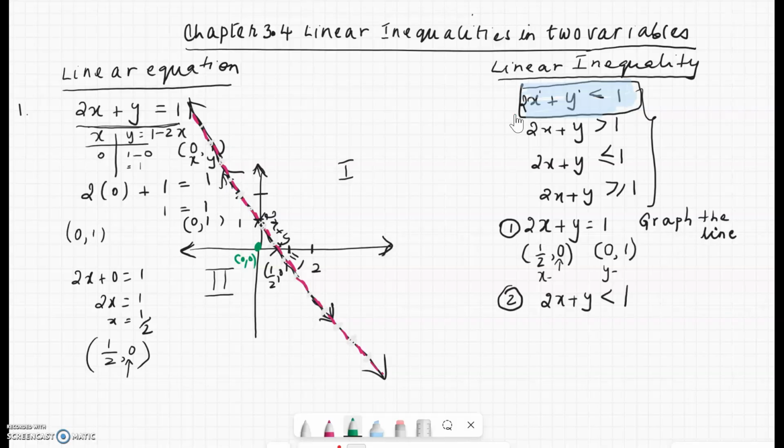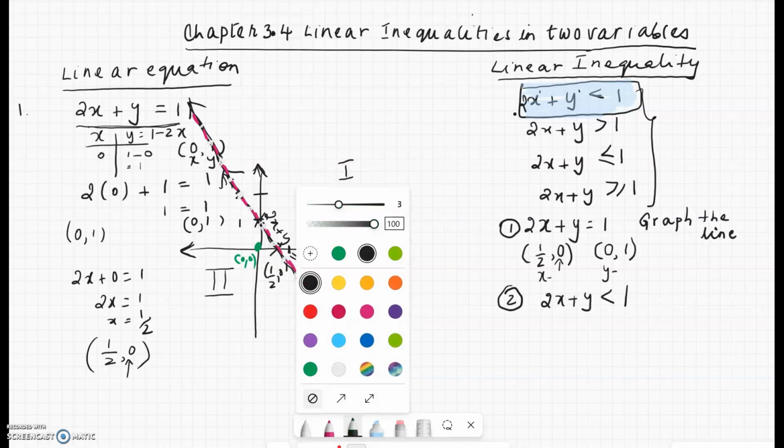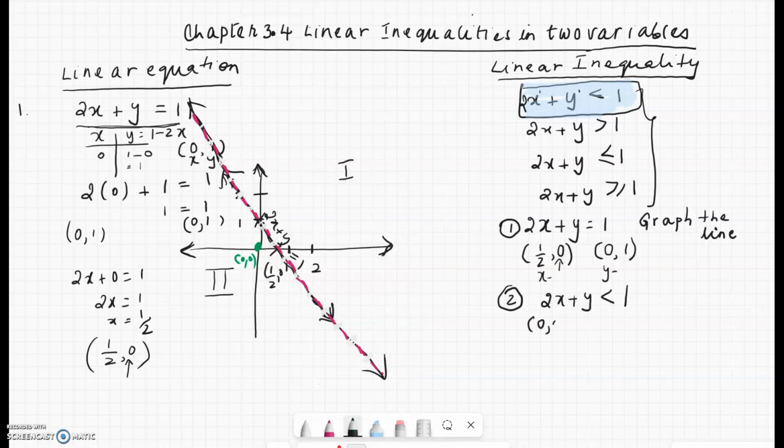Okay. So now what we're going to do is plug in 0, 0, our sample point, into the inequality. So 2 times 0 plus 0 is less than 1. So 0 is less than 1.